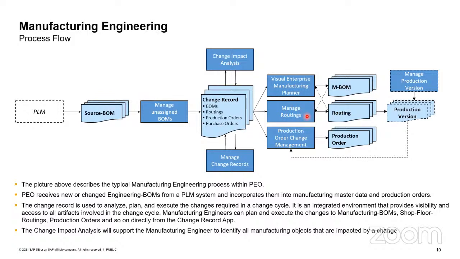We can assign the superior operation and sub operation as well. Standard PP routing will assign only the operation, whereas in the Manage Shop Floor Routing app, we can assign the superior operation and also the sub operation, which is called an operation activity.